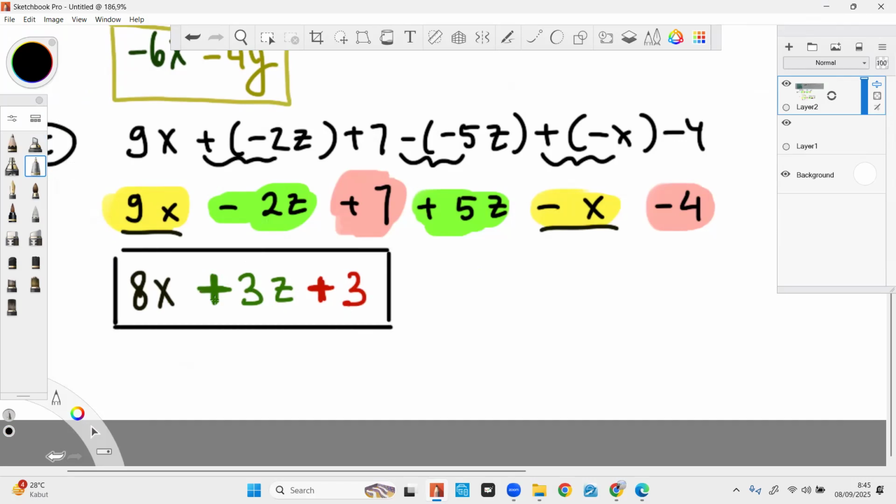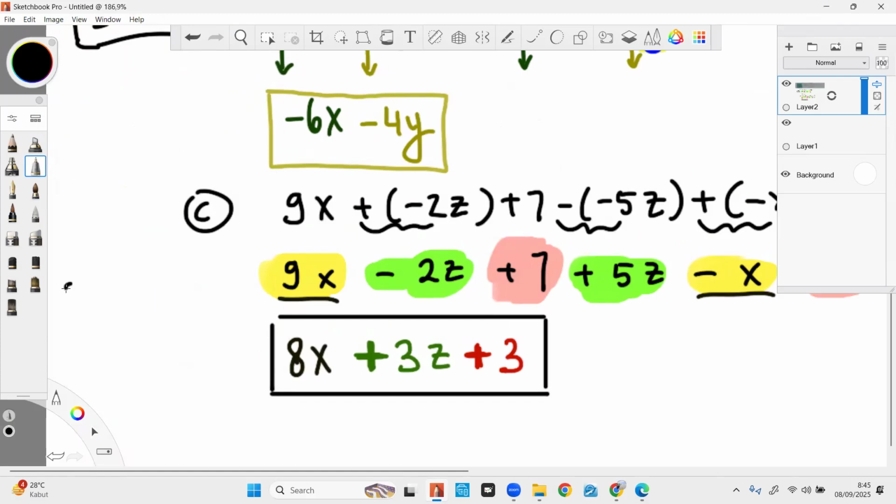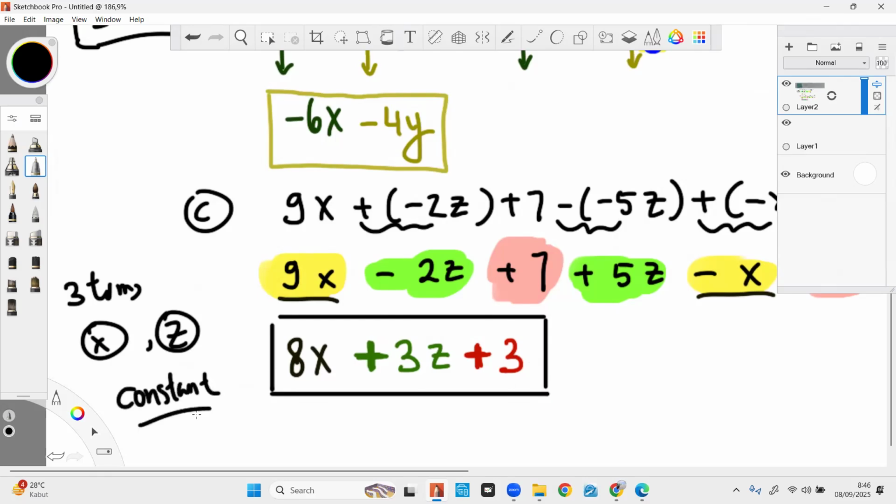That's it. How many terms do we have? 3. What terms are there? First, x, right? And then z, and one more has no x, y, z, no letter, which means a constant. So the 3 is a constant because it has no letter in it. So this is called a constant term.